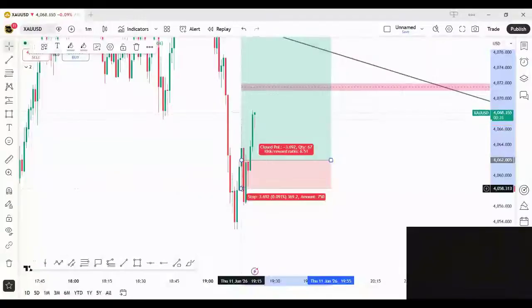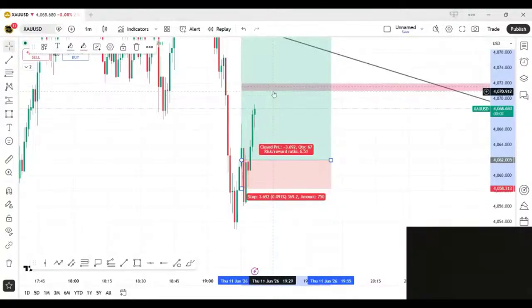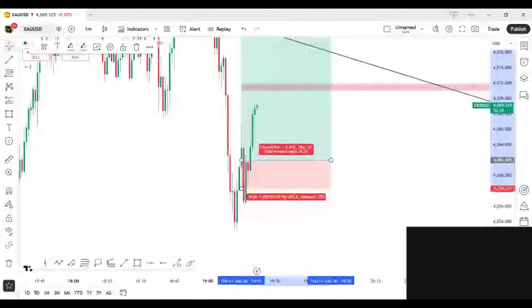There are strong chances, guys, that we'll have a nice move. So you just have to follow. If we get a breakout at this area, guys, you just have to blindly hold your trade. Just blindly hold your trade.